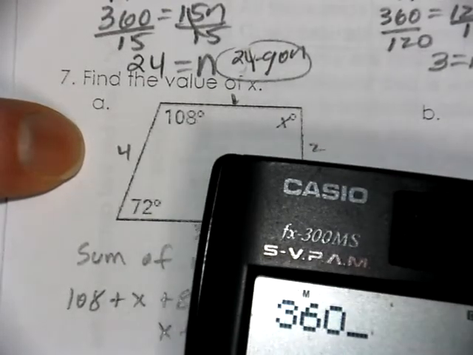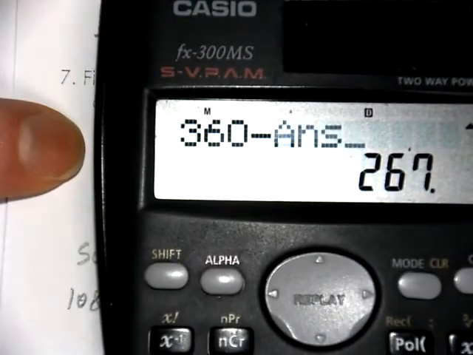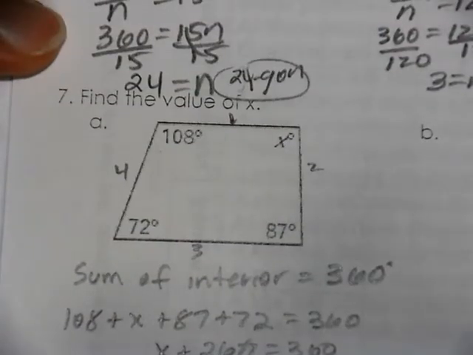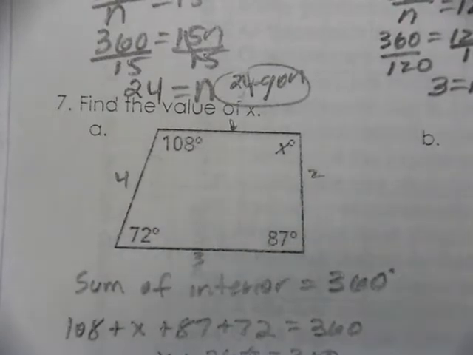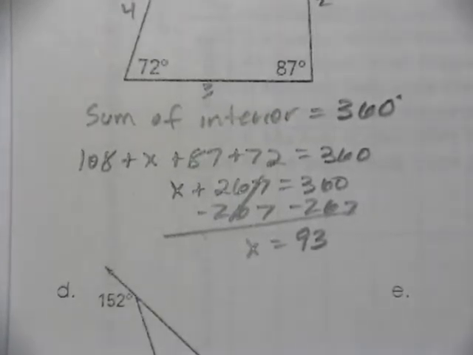Take our 360 and subtract our previous answer. Get 93. So our missing angle is 93. Value of x.